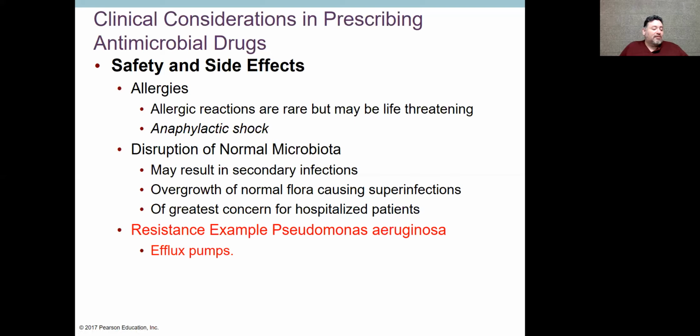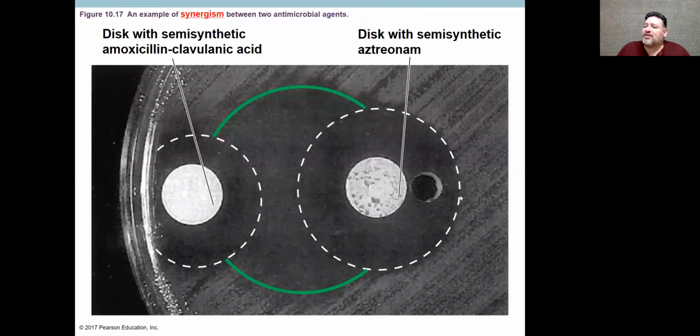And why do we care? Because these efflux pumps in the Pseudomonas aeruginosa make it particularly challenging to treat with antibiotics. How are you going to treat something with antibiotics when it proactively pumps antibiotics out of the cell? It gets challenging.